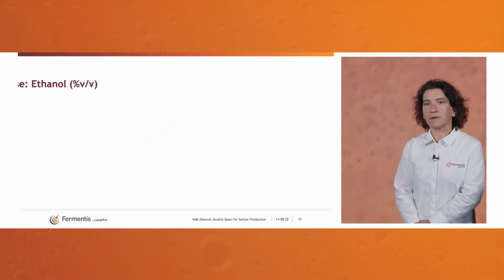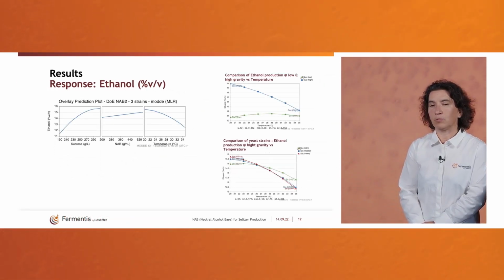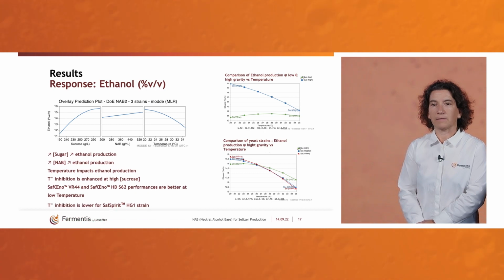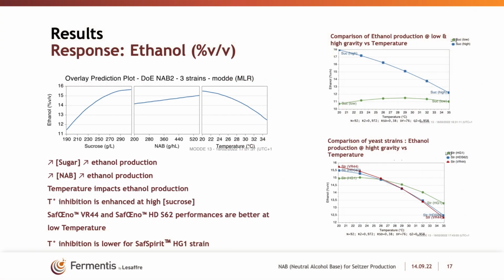Concerning the response on ethanol production, we have also this graph. And there we can see on the first graph that when we increase the sugar concentration, we increase also the ethanol production. On the second graph, we can see that when we increase the concentration of NAB, we also increase the ethanol production.